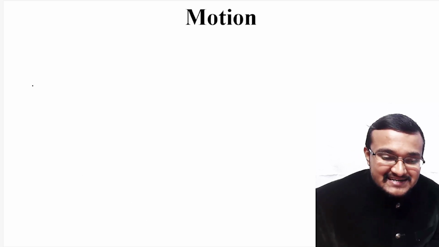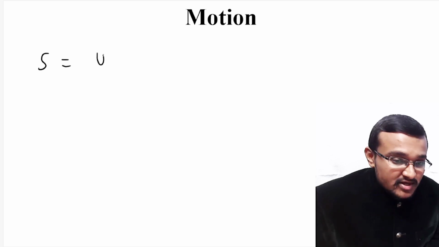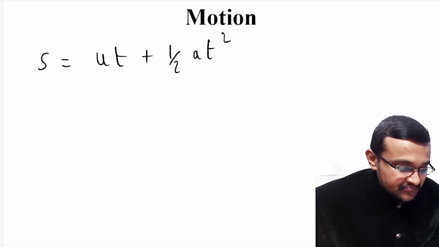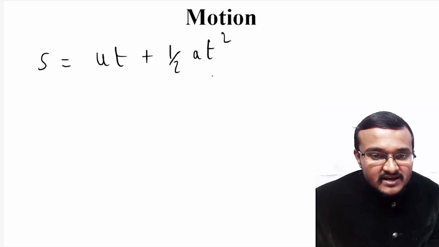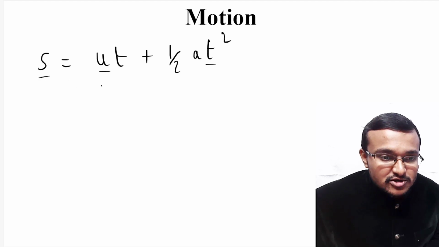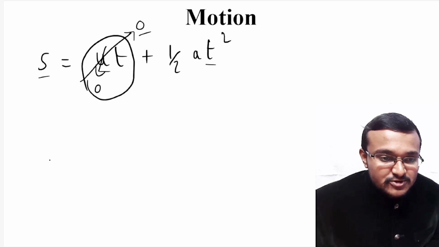Now to calculate time, we can consider the second equation of motion, that is distance s is equal to ut plus half at square. Again we don't know the time, but we know the distance and the initial velocity. Initial velocity is 0, so this entire term becomes 0.